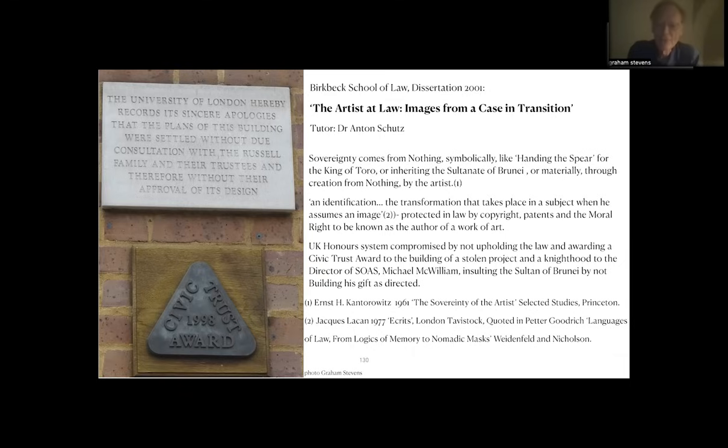And that's Jacques Lacan in 77, quoted in one of the books of our tutors, Peter Goodrich.